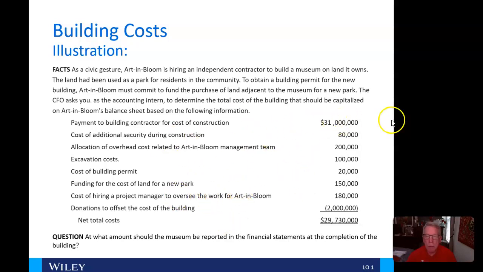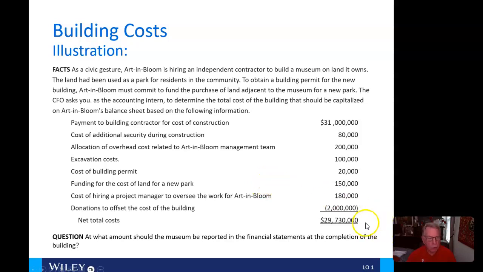And they give you the payment to the contractor here, the additional security during the construction, allocation of overhead costs to the management team, excavation costs, cost of a building permit, funding for the cost of the land, hiring a new project manager to oversee the work for Art in Bloom, and donations to offset the cost of the land.